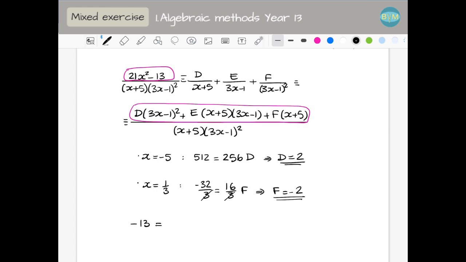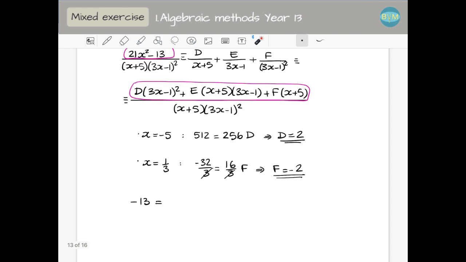On the right, when we expand this bracket, our constant term, without expanding, you can expand it, but you don't need to, will be minus 1 squared, which is 1. 1 multiplied by d, so we will have d. When we expand this double bracket, the constant term will be 5 times minus 1, which is minus 5e. And the last one is 5f.